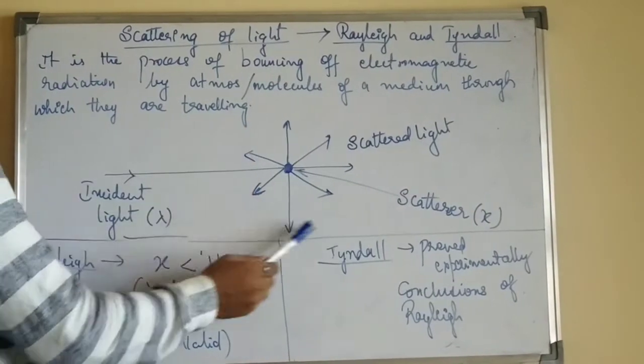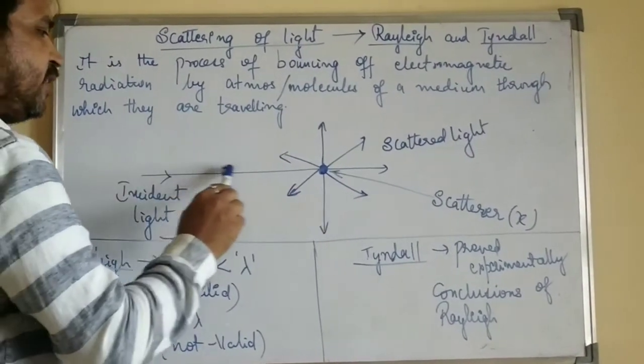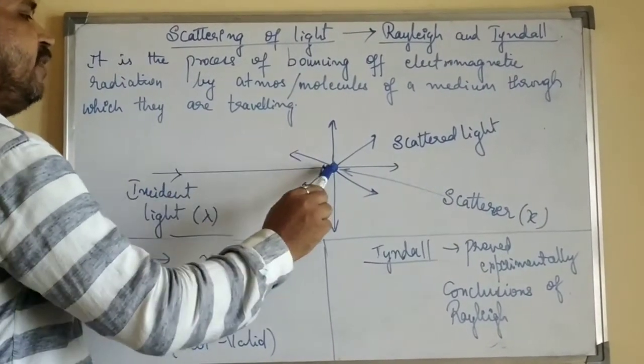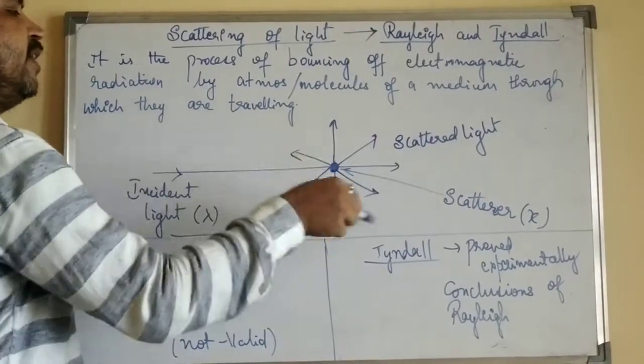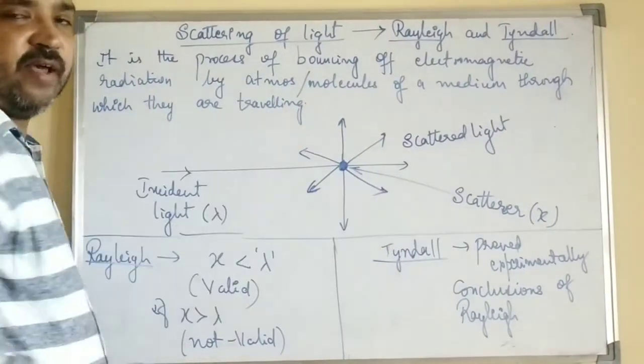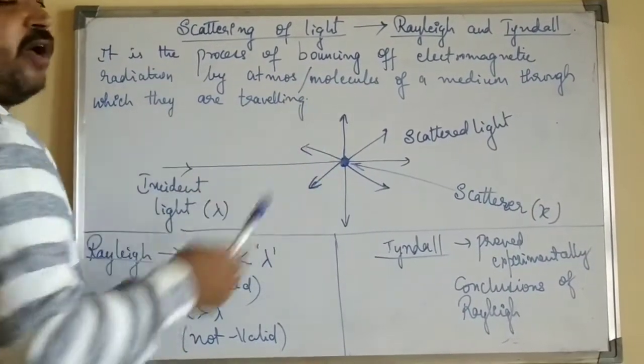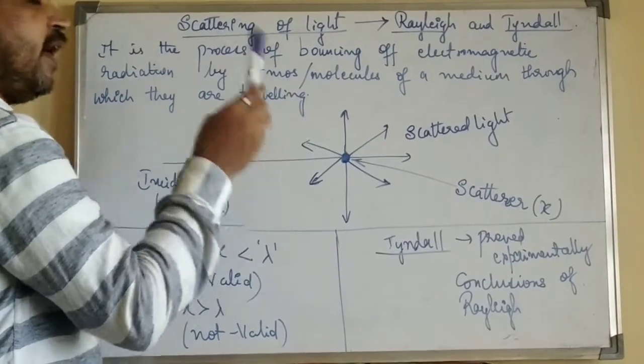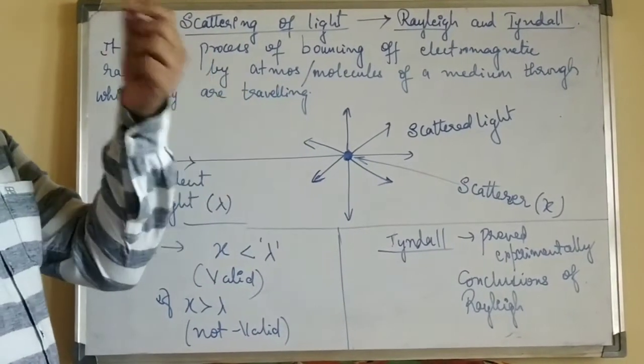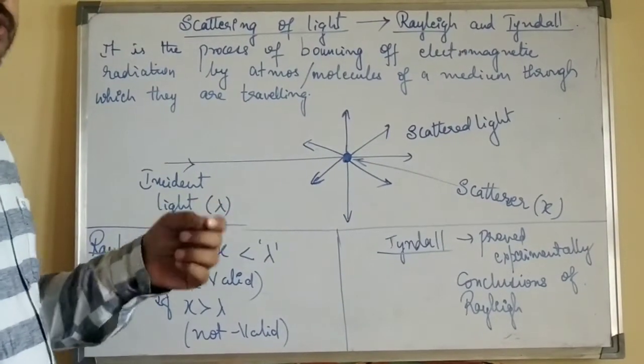Now all these are scattered light. This is the direction in which the incident light is traveling, and these are the directions in which the scattered light is traveling. The reason for that is the scatterer, that is every molecule or every small particle. That depends on size also.